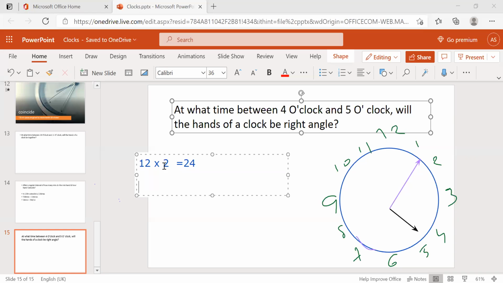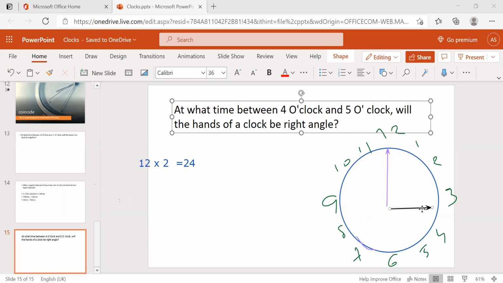But you have to observe the clock. Whenever the time is exactly on 3, it is 90 degrees, right?